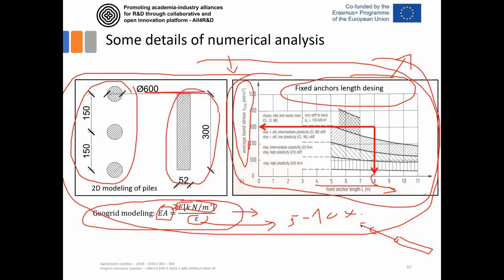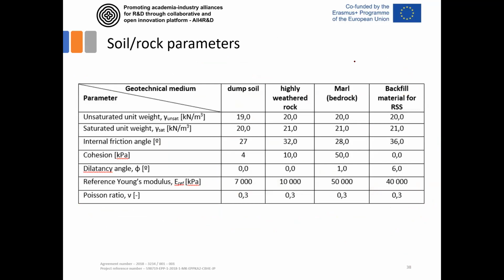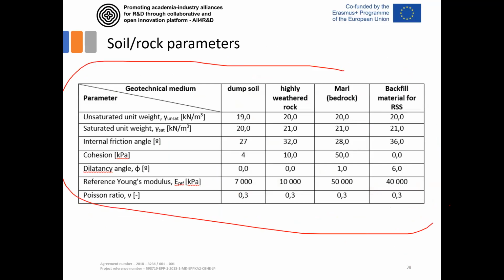So when you push it here, you have the resistance at the contact between the grout body and the surrounding soil. That average stress is in the range of 300 kilopascals, and it needs to be multiplied by the cylinder surface to get the ultimate pull-out force of the anchor.